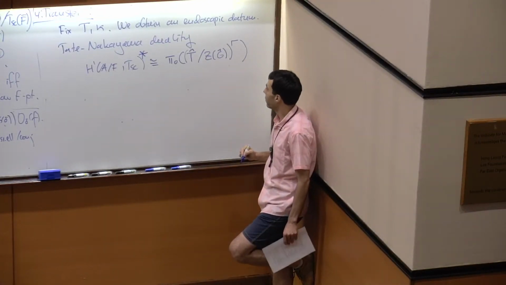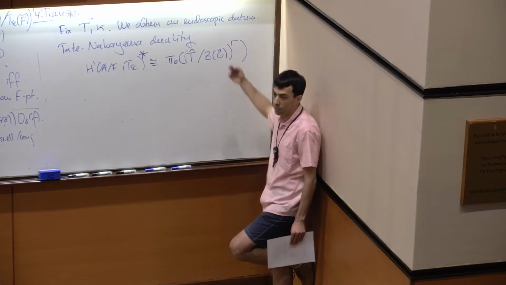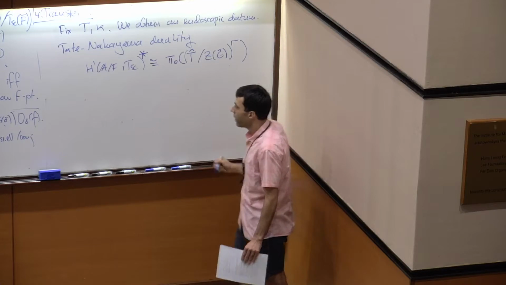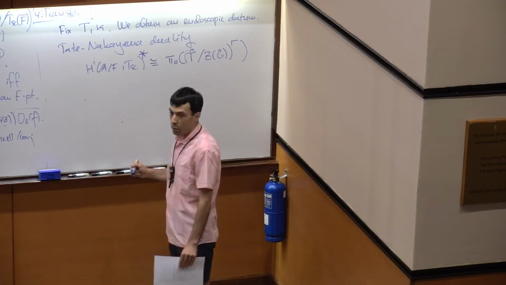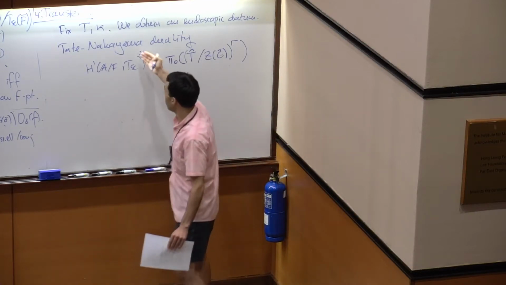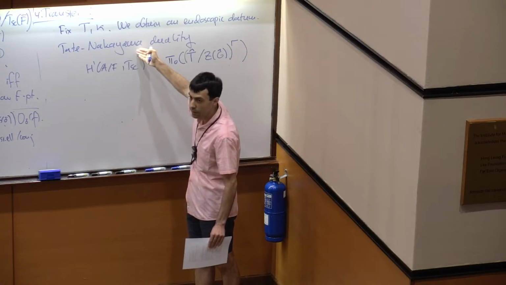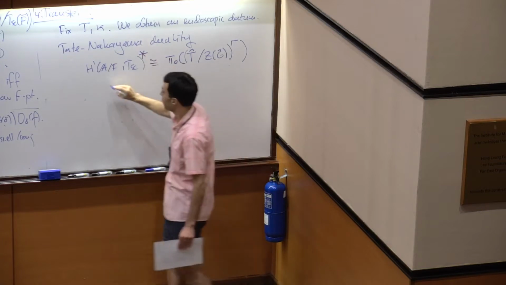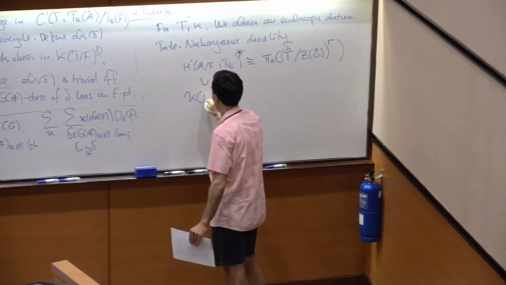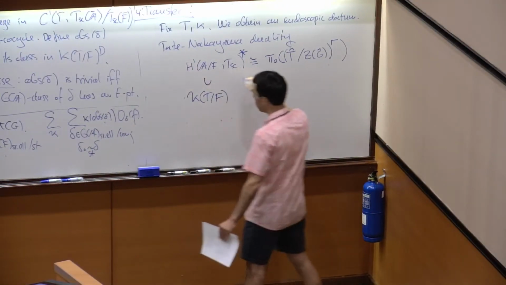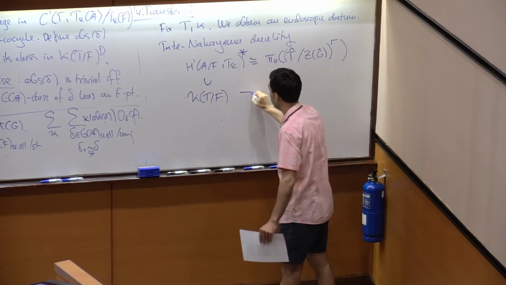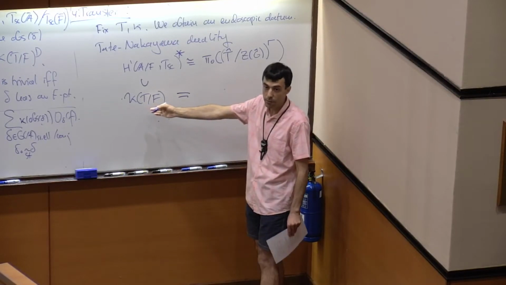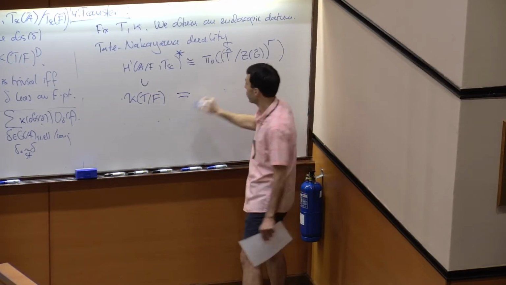In fact, I could even forget the group of connected components because this is an anisotropic torus, but this is actually true in general. Now, what is kappa? Well, kappa dual was a quotient of this. So when we dualize, the dual of kappa dual, which will be just kappa, will be a sub. And under this Tate-Nakayama duality, we can see exactly what this sub corresponds to. And this is how kappa is usually defined in the papers on the stabilization of the trace formula.